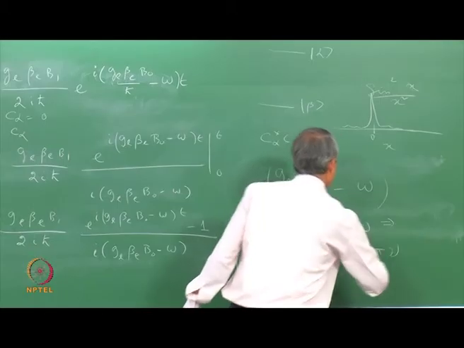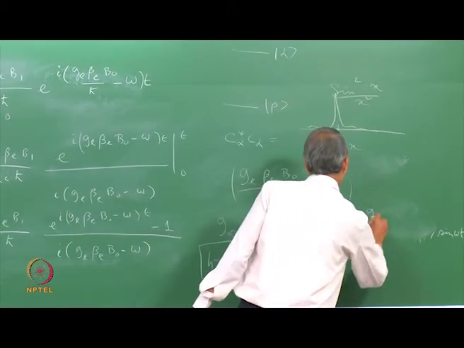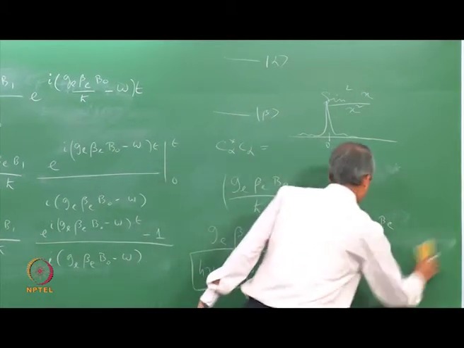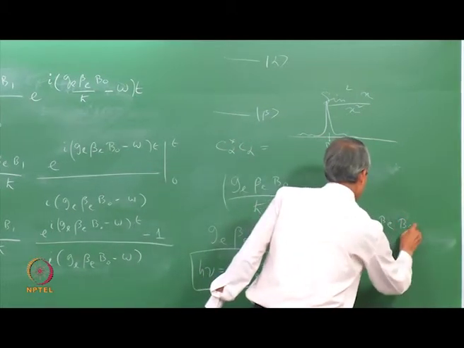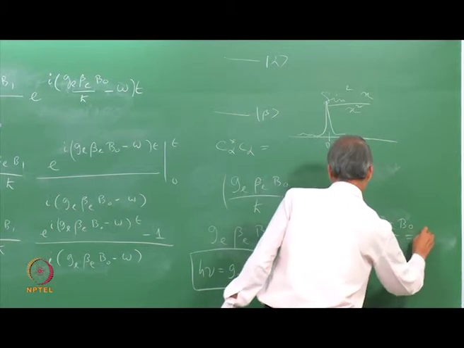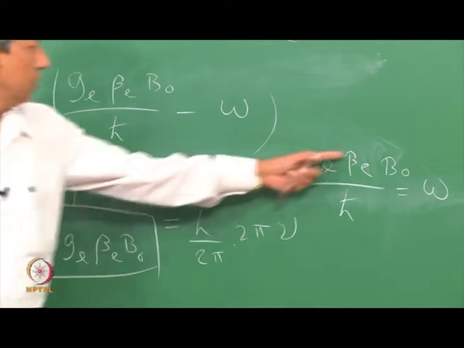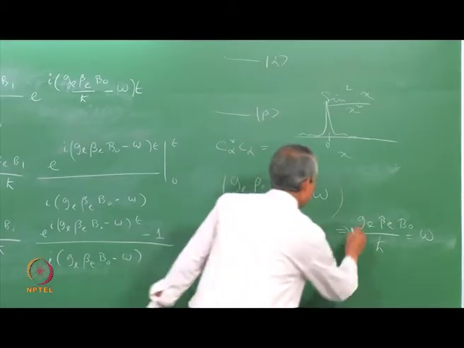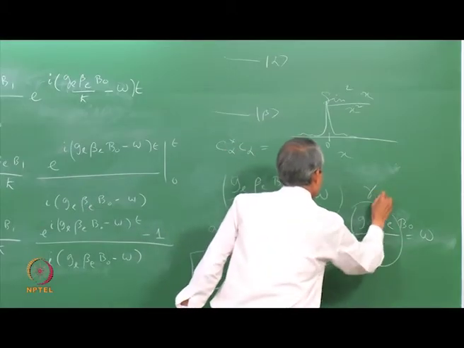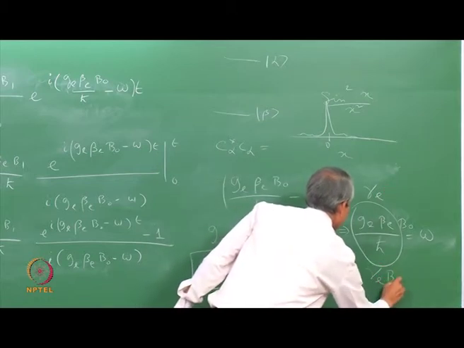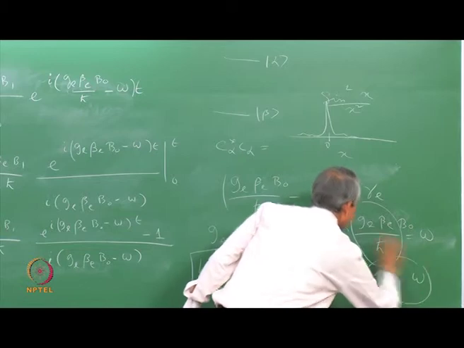This also, if you write here g e beta e by h cross, which is actually the gamma electron, gamma electron B0 equal to omega. This is the Larmor frequency there.